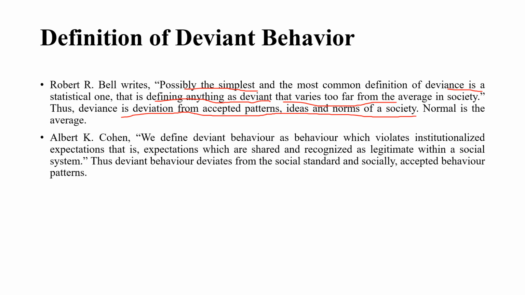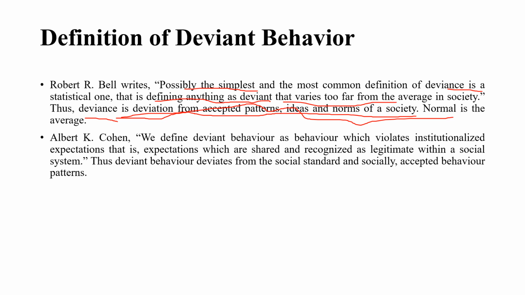Normal is the average. So when you take normal as an average, and someone is behaving against that normal or not according to that normal, then that's a deviance. So deviation from the accepted patterns, ideas, and norms of the society is deviance, right? That is a very interesting definition by Robert R. Bell.